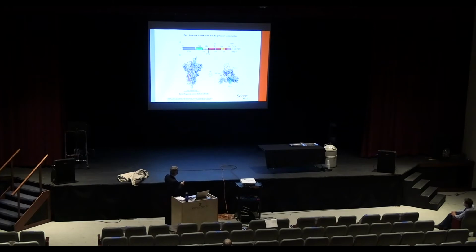It's trimeric, which is interesting because a lot of other glycoproteins from lots of other viruses are also trimeric. And I just want to also make reference, this thing has a portion that binds to the ACE2 target.